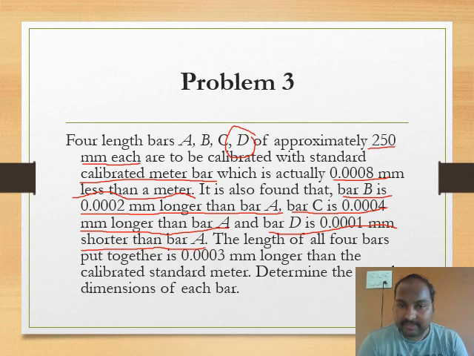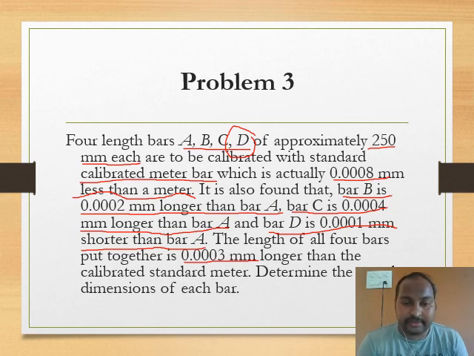When I am comparing A with B, the problem says B is 0.0002 mm longer than A. When I am comparing A with C, the problem says bar C is 0.0004 mm longer than bar A. And when adding all four bars together, the length is 0.0003 mm longer than the standard calibrated meter bar.